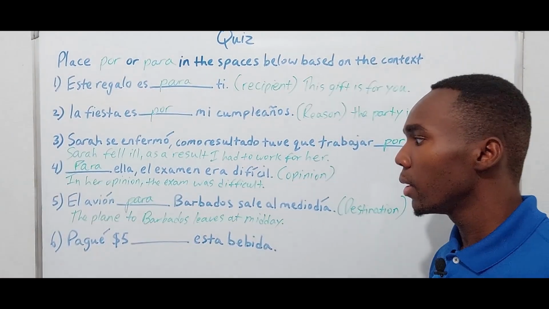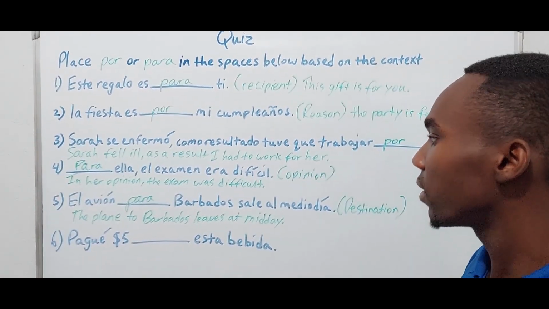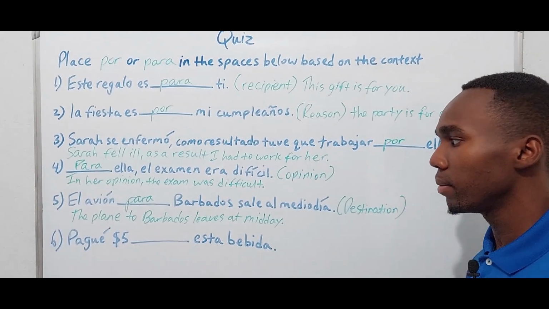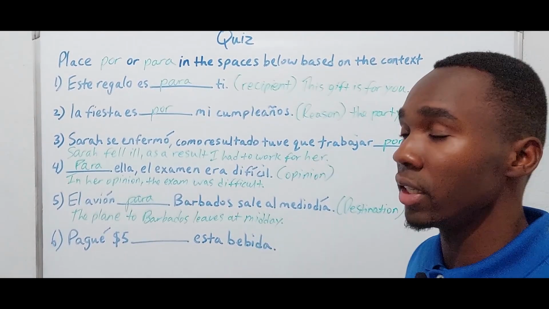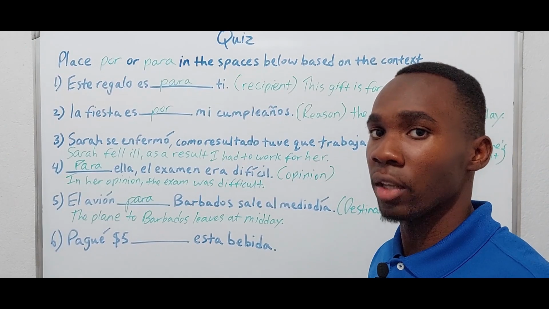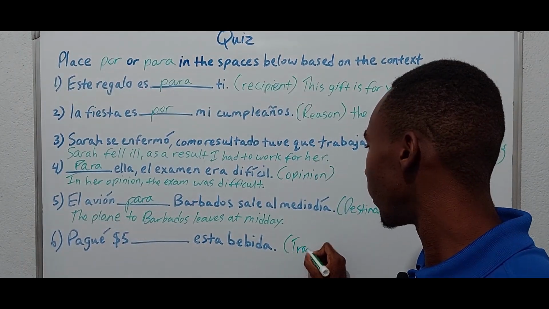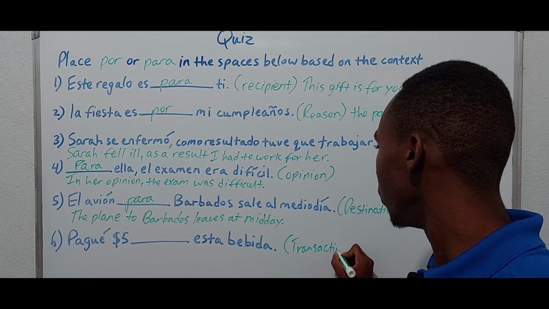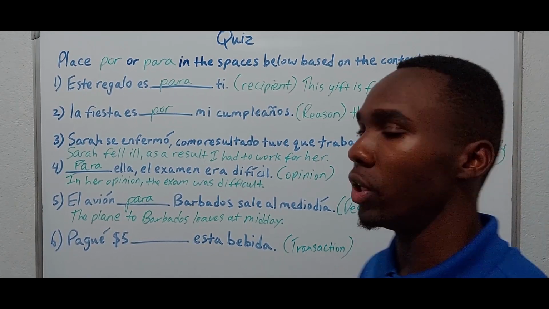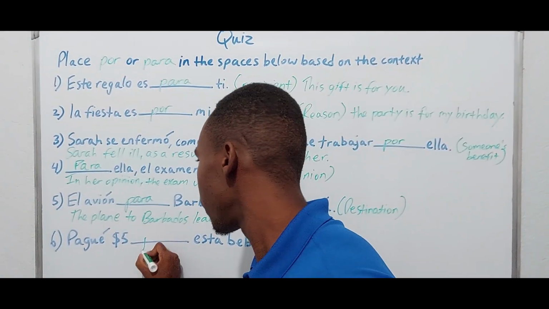All right. And 6. Pagué $5 ___ esta bebida. Obviously, you see money, so we're talking about a transaction, right? And what do we use with transactions? We use por.